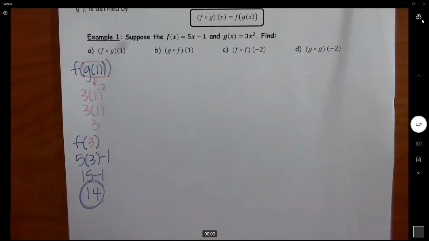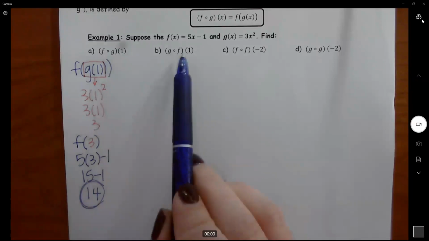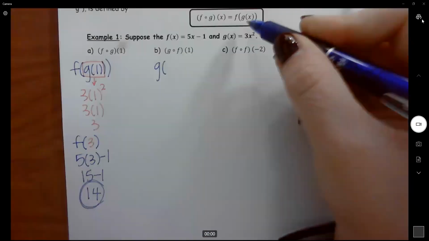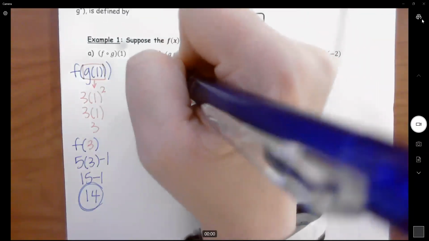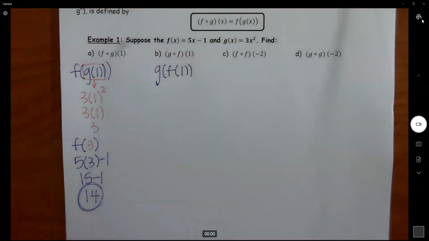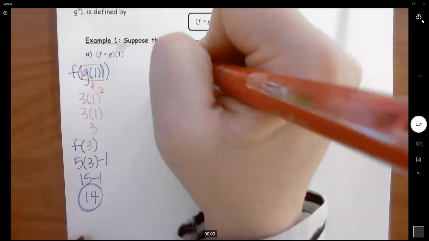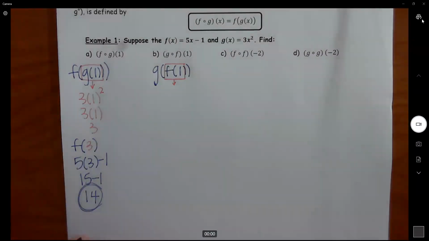Now let's see what happens when I write this the other way. Instead of f of g of 1, now we have g of f of 1. So if I use my definition and write this out, this is g of f of 1. So start on the inside and work your way out. So let's find f of 1.